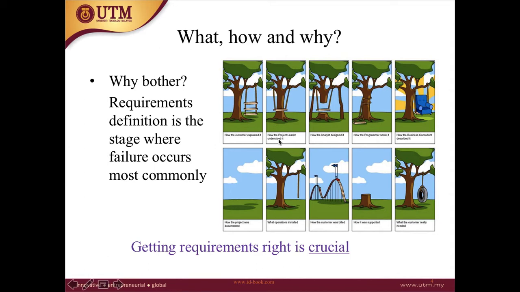Then how the project leader understood it: something not quite right, because the swing is in the middle of the tree. How the analyst designed it: the analysis made it worse, the design was very complex. How the programmer wrote it: something wrong, the programmer doesn't know what they are doing. How the business consultant described it: more elegant, more exclusive. How the project was documented: nothing was documented.